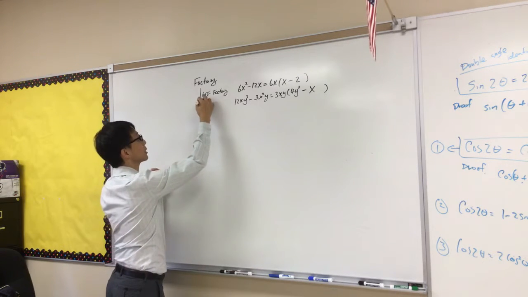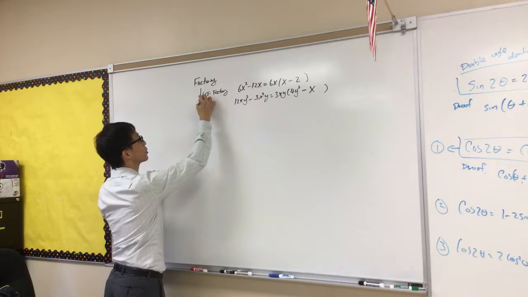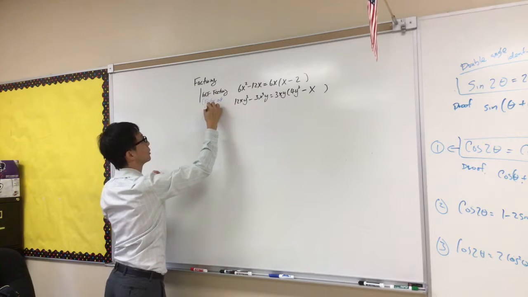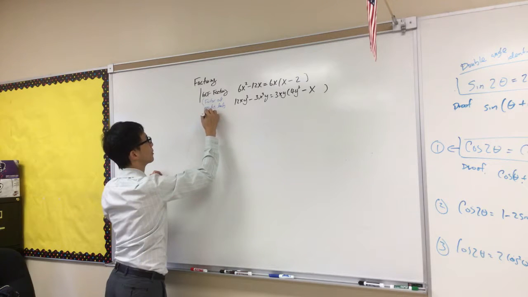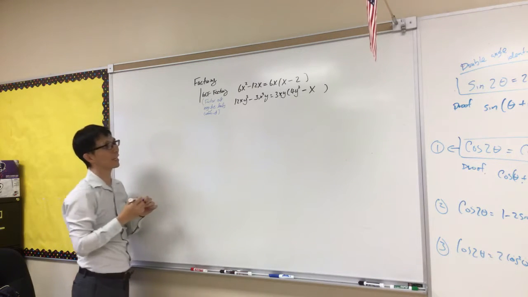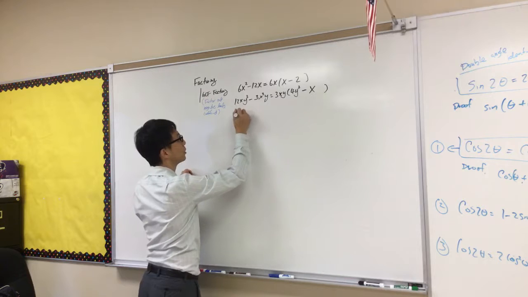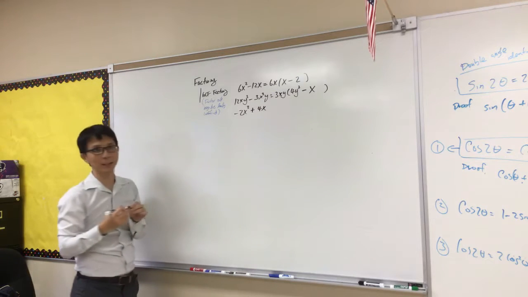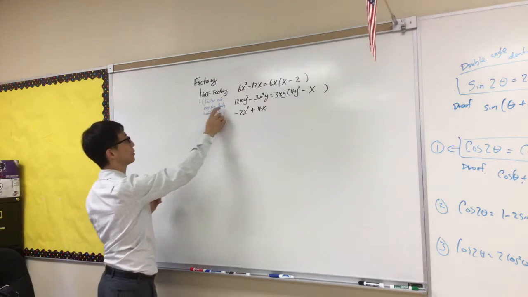If it's a negative leading coefficient, make sure you factor out the negative leading coefficient as well. Why? For example, if I have negative 2x cubed plus 4x, what do I factor out here? 2x is good, but we just addressed that we need to factor out negative leading coefficients.